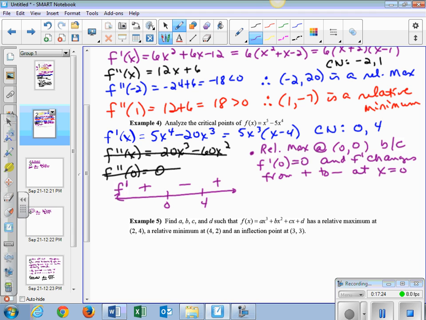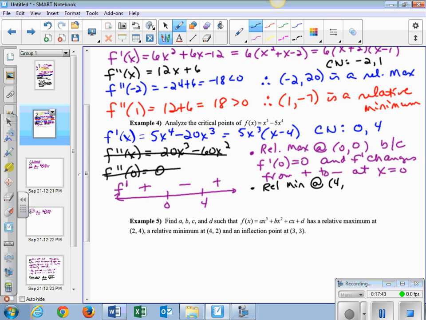Relative maximum at (0, 0), because f prime of 0 is equal to 0 and f prime changes from positive to negative at x equal to 0.